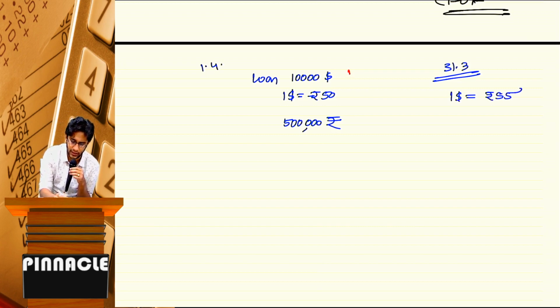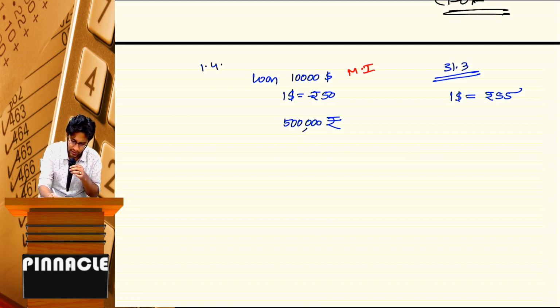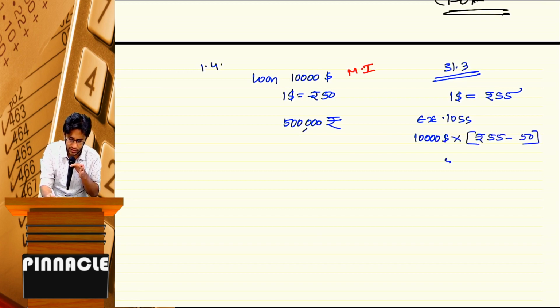Since a loan is a monetary item, all monetary items must be remeasured using the closing exchange rate. In this process we suffered an exchange loss of $10,000 into rupees 55 minus 50. So that is a loss of 50,000 rupees.